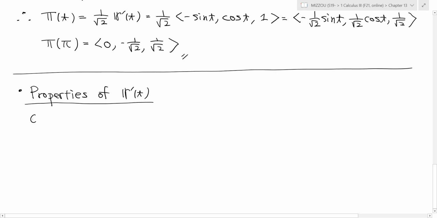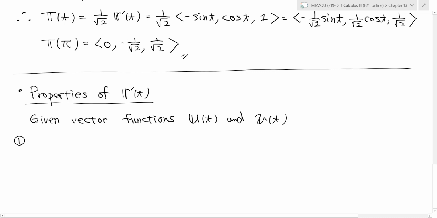So given two vector functions, instead of using r, let me use u of t and v of t.